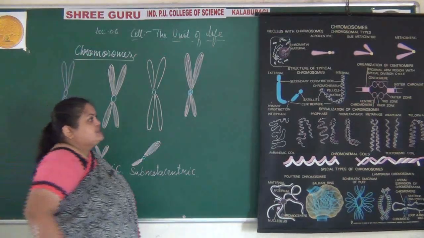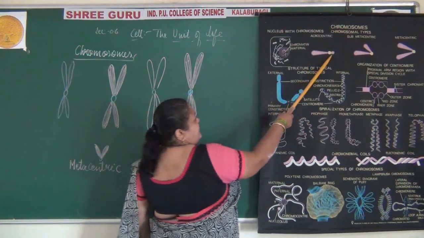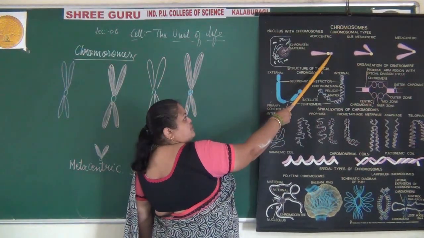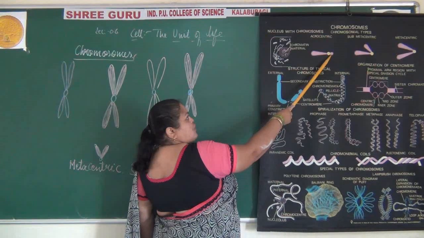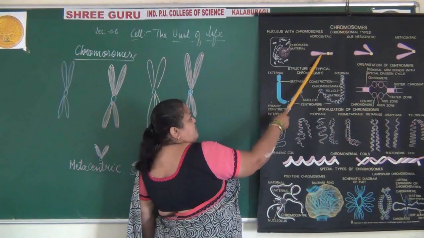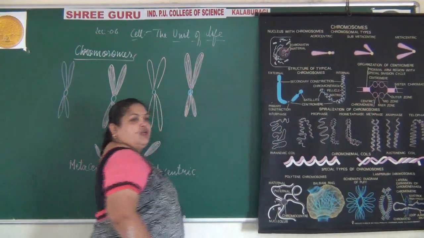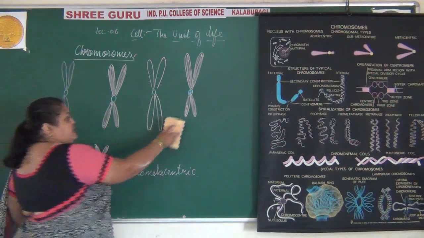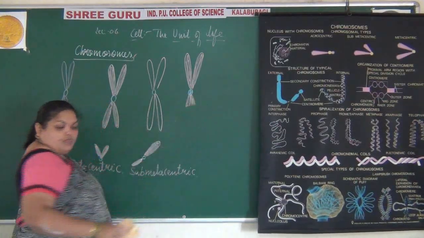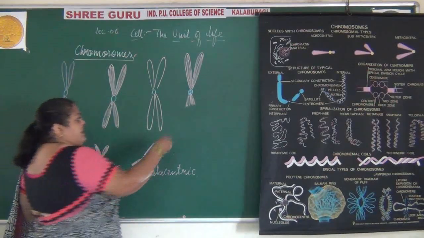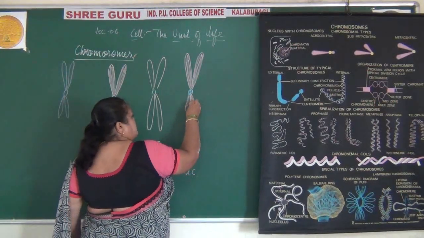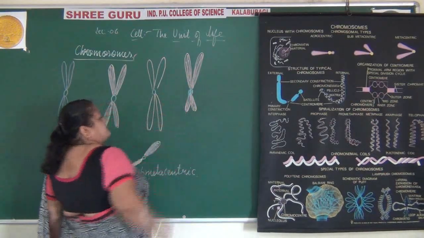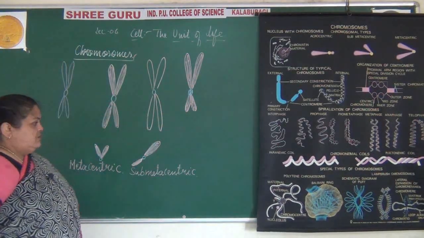In this you can see that this part of a chromosome has a very short chromatid while the other has a very long chromatid. Or to make it clear, at one side it has a short chromatid and at the other side it has a very long chromatid.